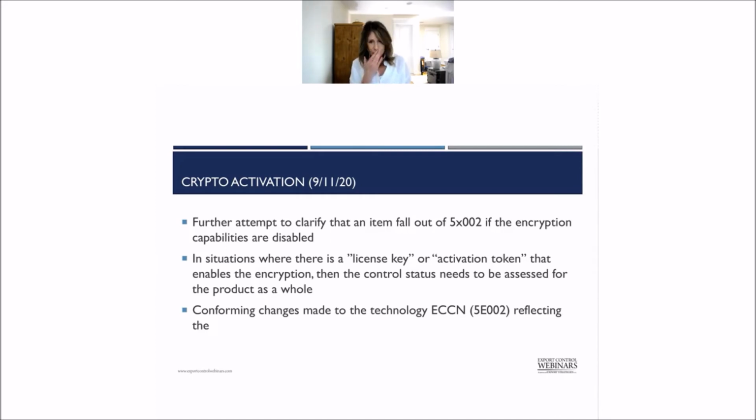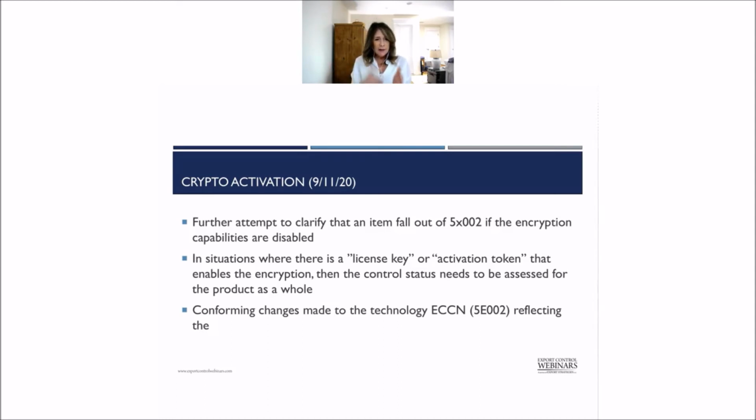I know, because I've done a lot of classifications on behalf of clients, that if you submitted a CCATS, the formal classification request to the Department of Commerce, you could put on your line items: this is appliance A, it has no encryption when it's not activated, and so the ECCN is usually like EAR99 or 5A991, for example, for telecom.